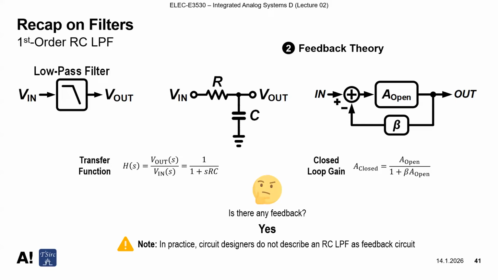But in practice, analog circuit designers do not describe this kind of RC low-pass filter as a feedback circuit. We call it an open loop circuit because there is no wired feedback loop, but we can analyze this kind of circuit with feedback theory.